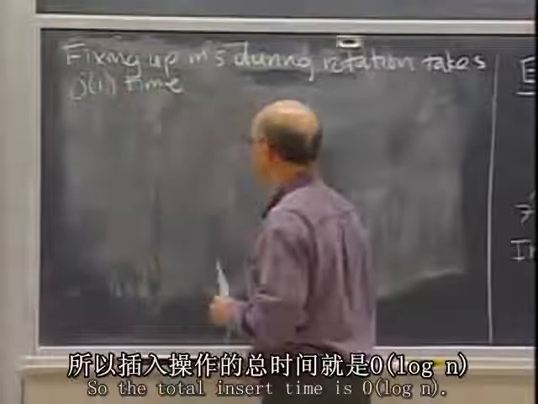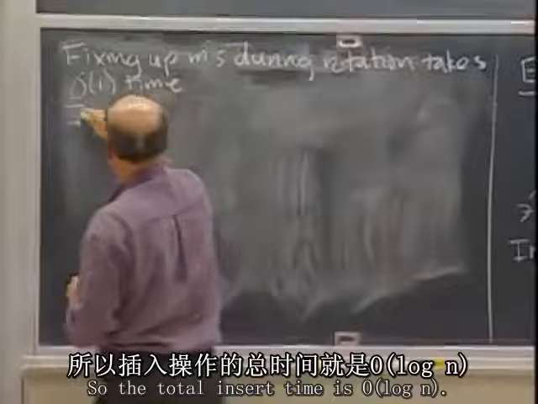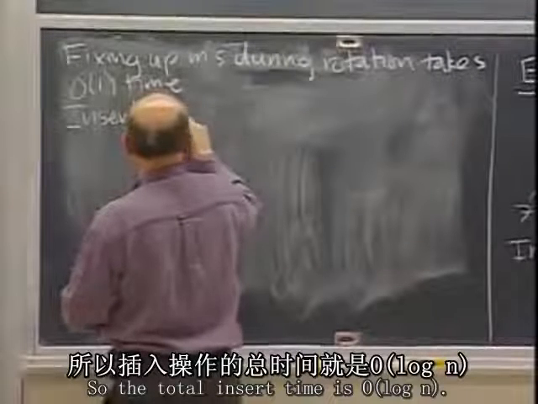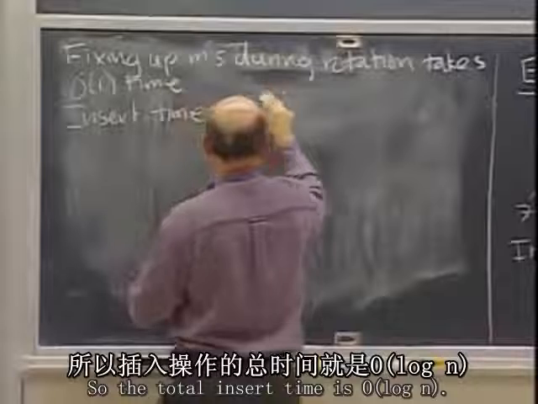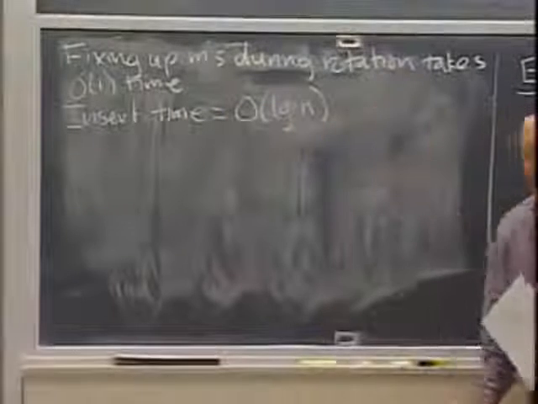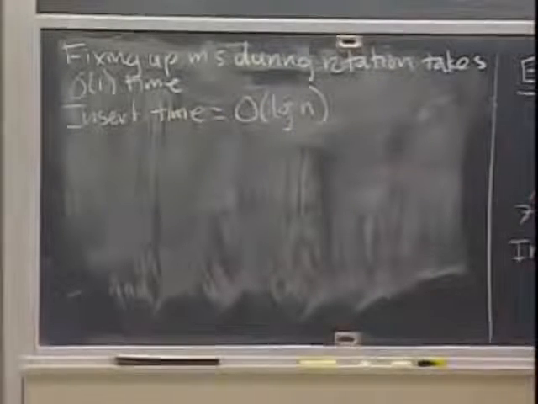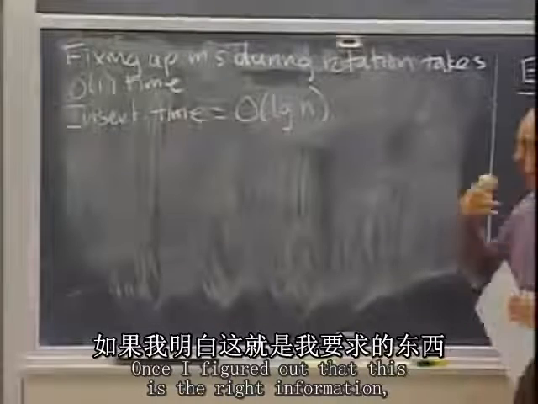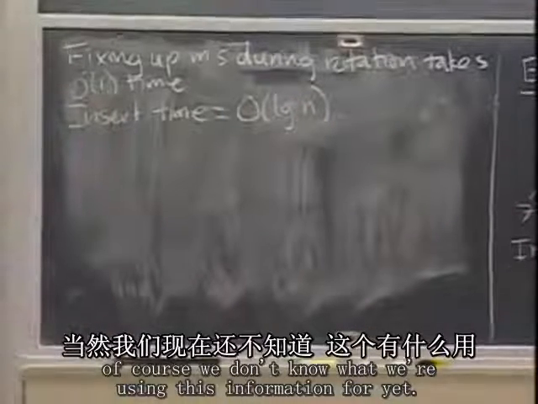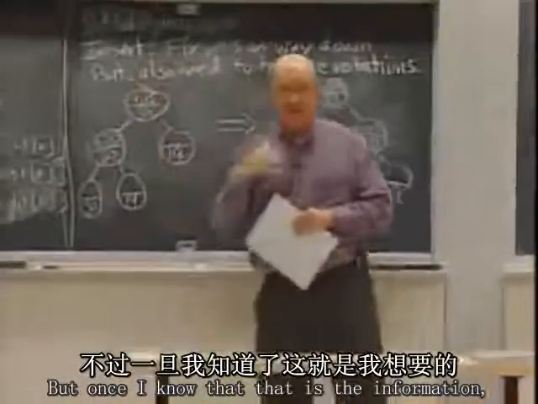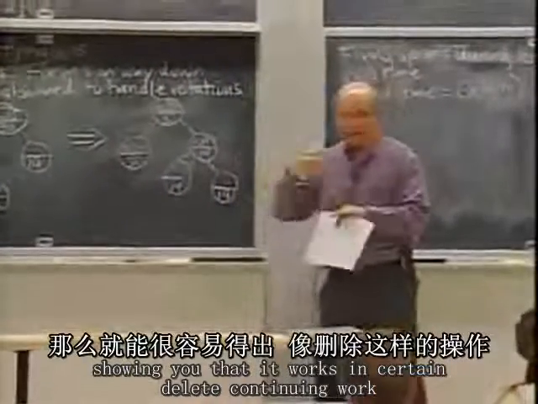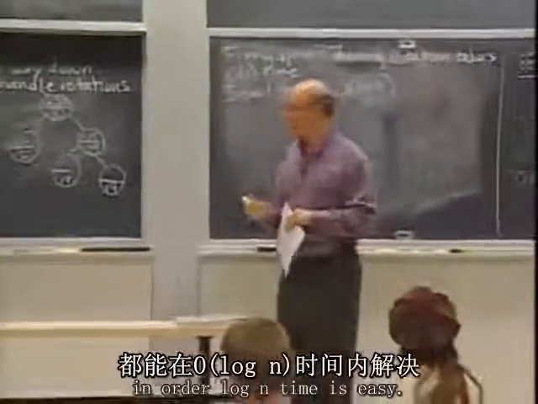Okay, so the total insert time is order log n. Okay, so once I figured out that this is the right information, of course we don't know what we're using this information for yet, but once I know that that's the information, showing you that insert and delete continue to work in order log n time is easy.